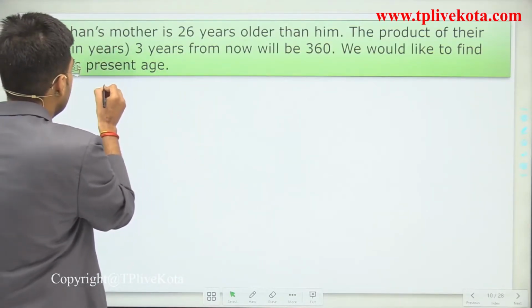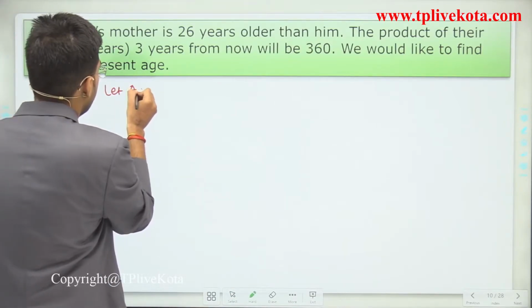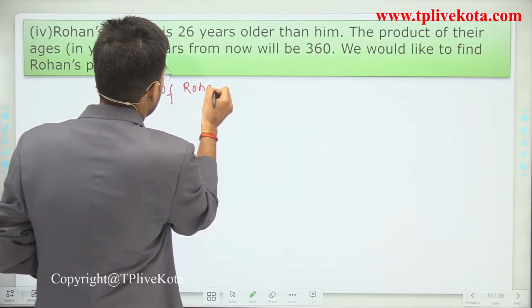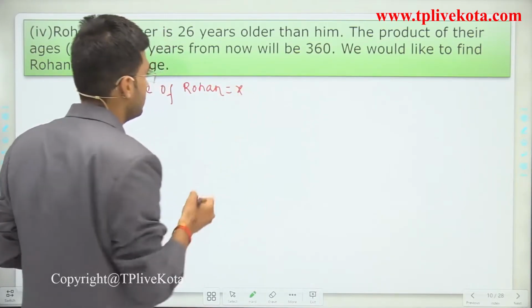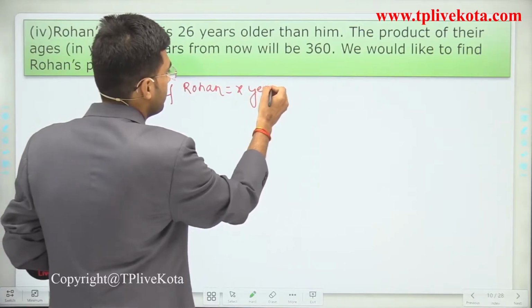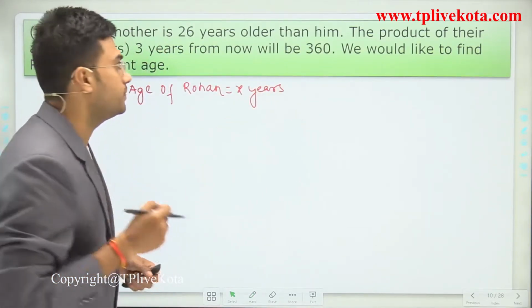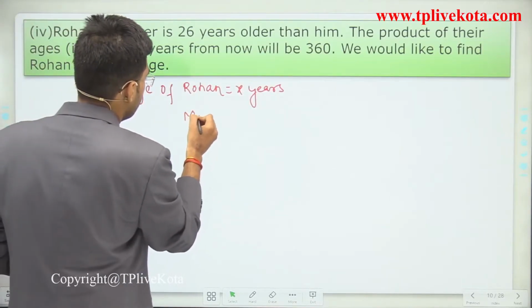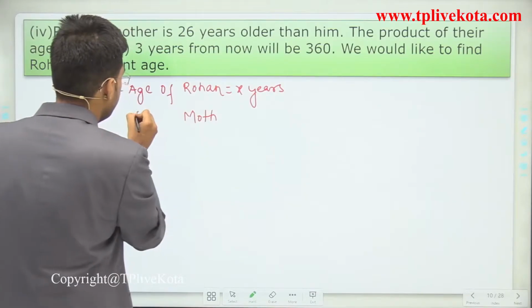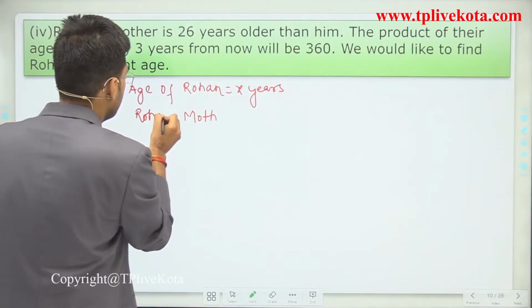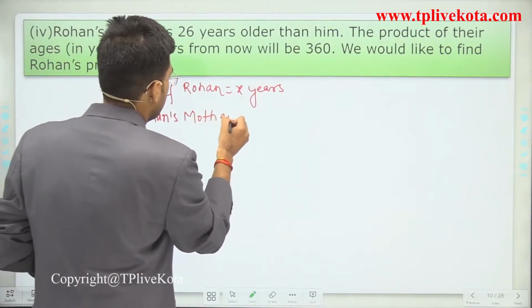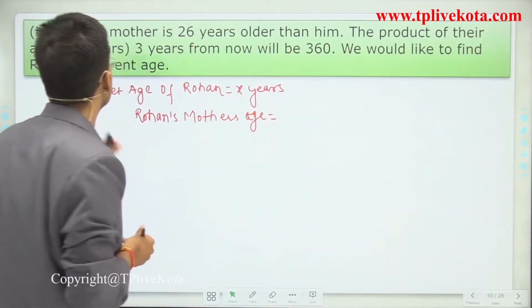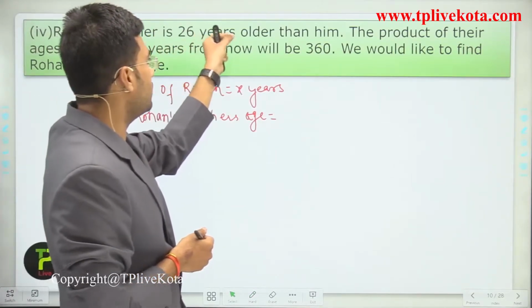So now Rohan's mother is 26 years older than him.